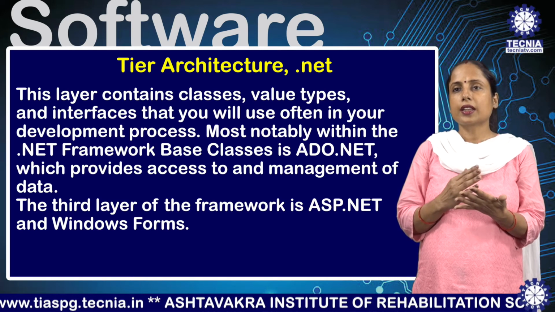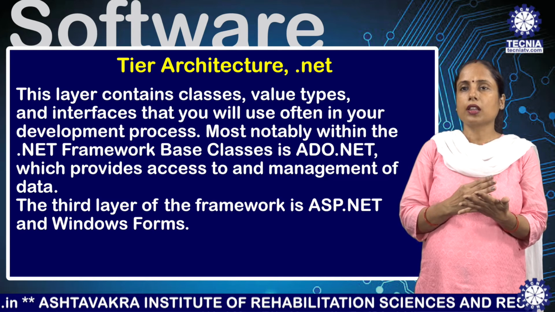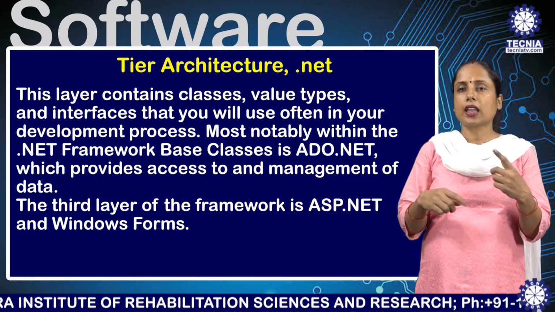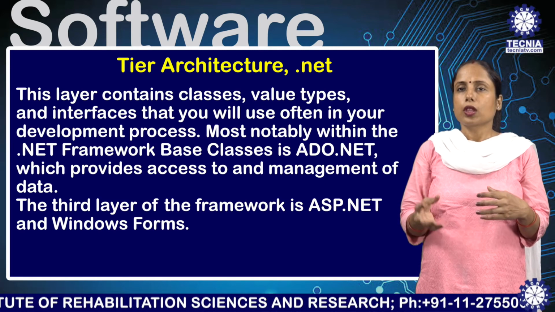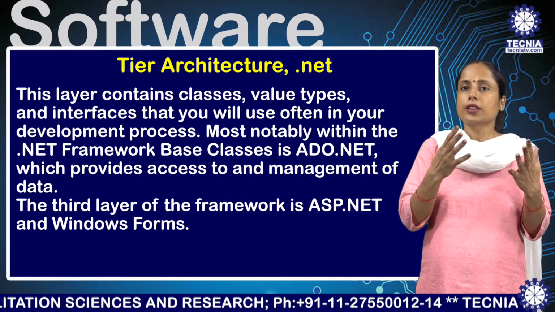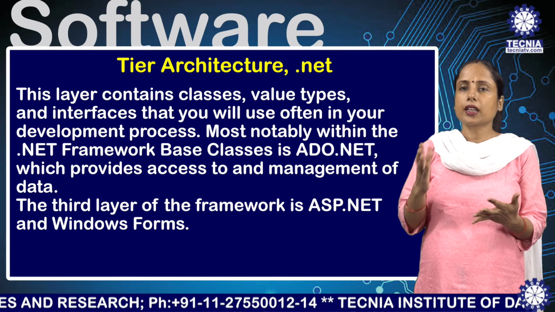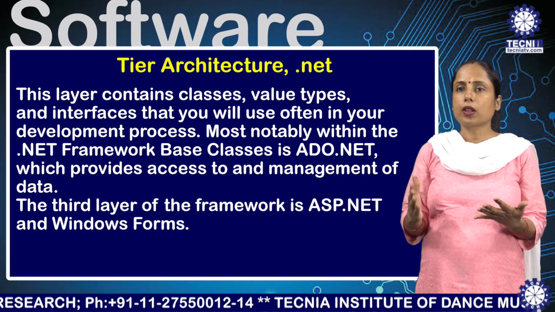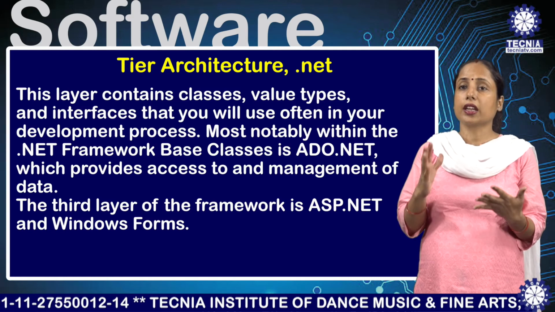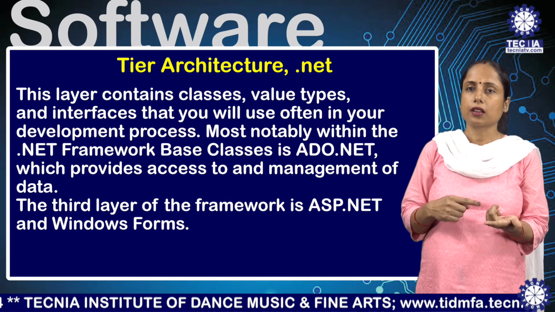These classes contain all the various subclasses, events and functions that are required to work in that particular class. So .NET provides predefined base classes. This layer contains classes, value types, and interfaces that are required for the development process. Most notably within the .NET framework base classes is ADO.NET, which provides access to and management of data.